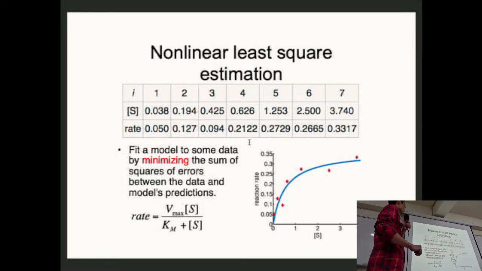This relationship, this blue line, can be written as this kind of equation. So the rate follows this relationship, S is the concentration of the chemical, Y is your rate.